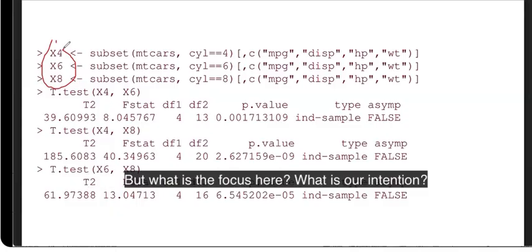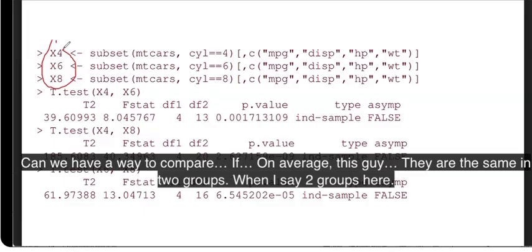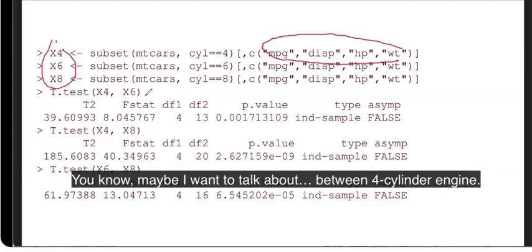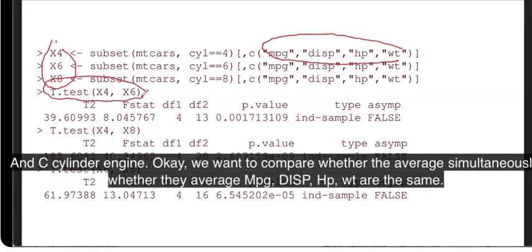But what is the focus here? What is our intention? Can we have a way to compare whether, on average, they are the same in two groups? When I say two groups, maybe I want to talk about between the four-cylinder engine and the six-cylinder engine.